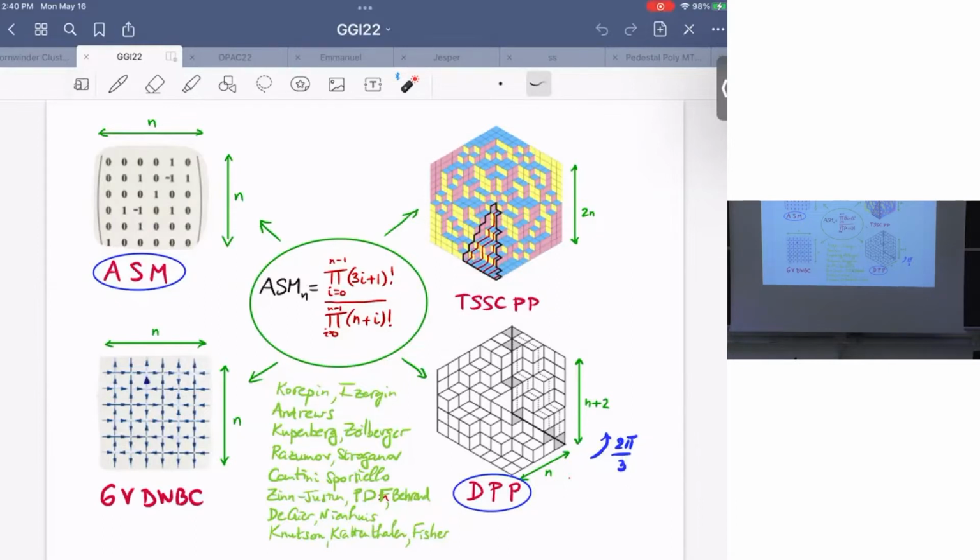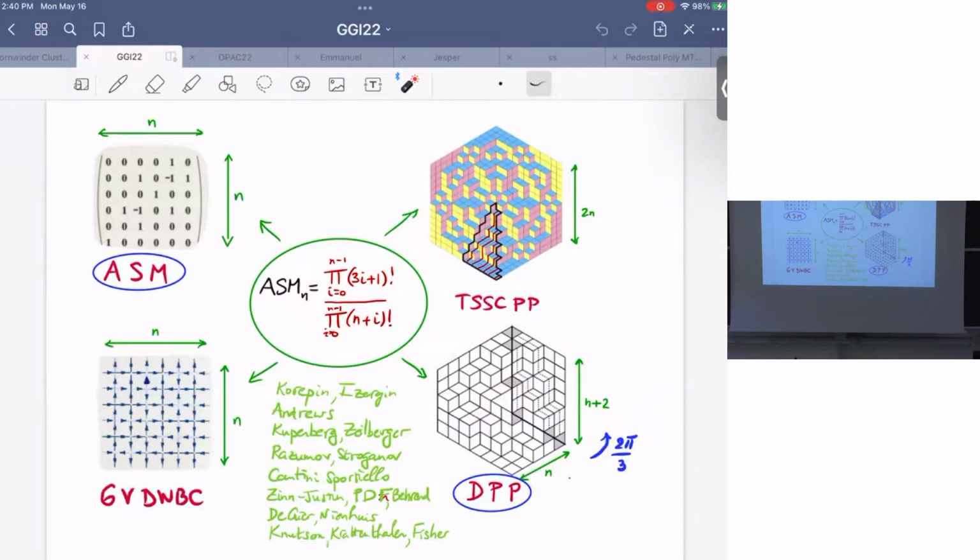Okay. Another object which I ask you to concentrate on, because this is really the one I'm going to generalize here, is a sort of hexagon, but not quite, because it has edges n, n+2, n, n+2 alternating, and it has a hole in the middle, a small triangle of size 2. Okay, so this thing is actually in bijection with an object introduced by Andrews, which are called descending plane partitions.